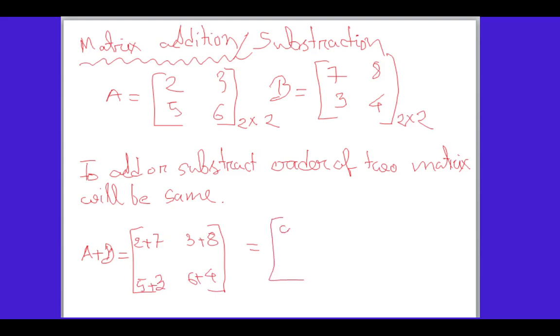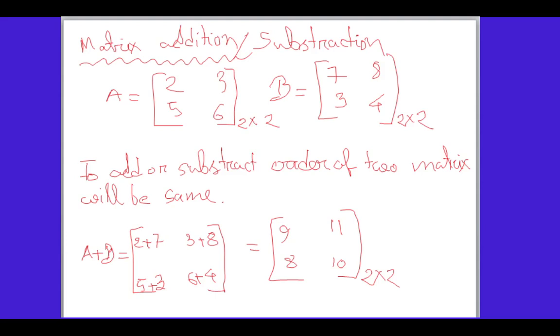So 9, 11, 8, 10. And the final matrix has the same order. This is the addition of matrices. But in one condition, the order of the two matrices will be the same. Otherwise, we cannot add two matrices.